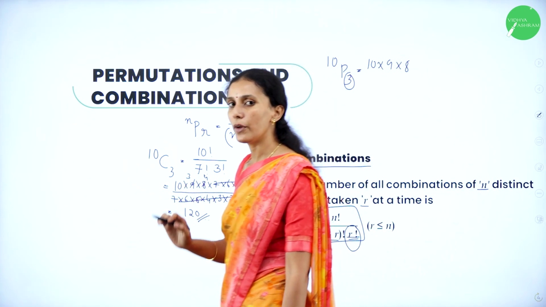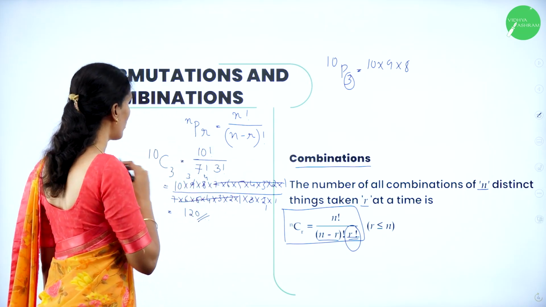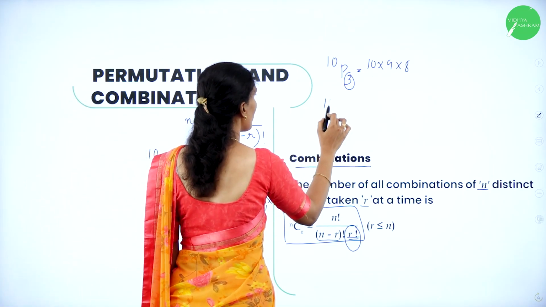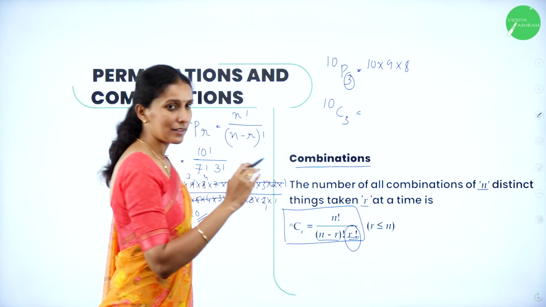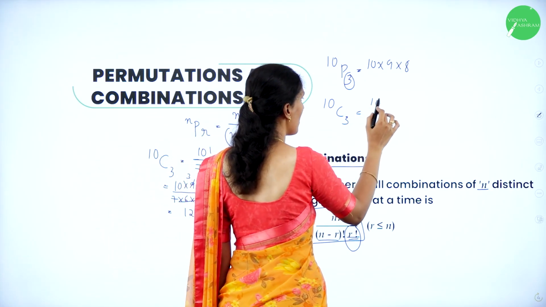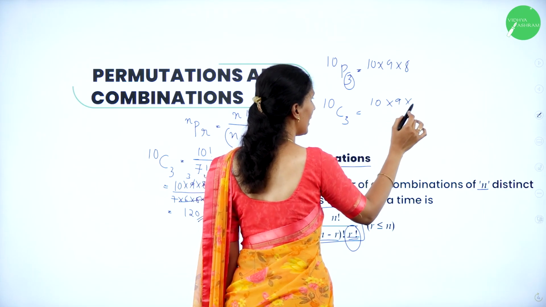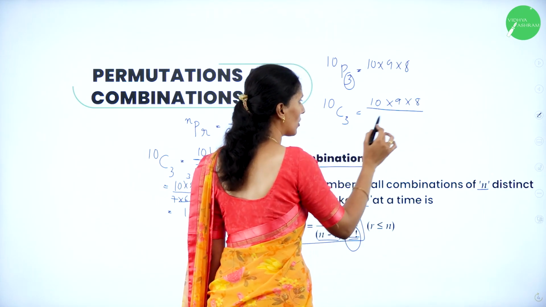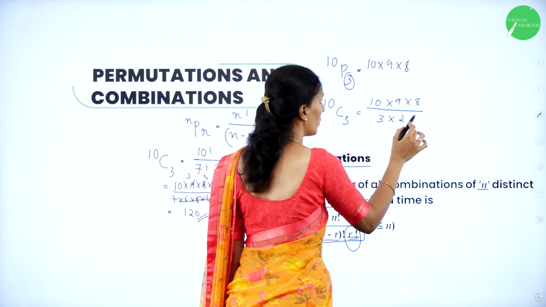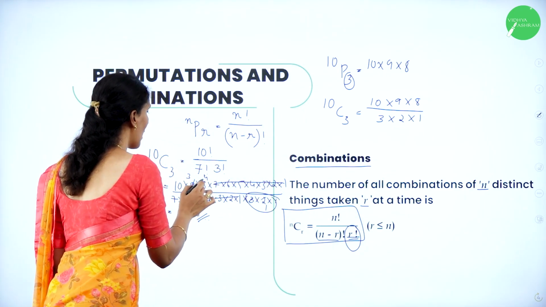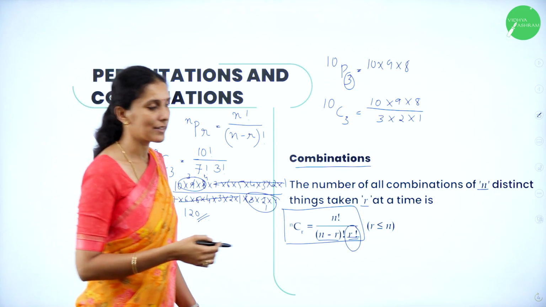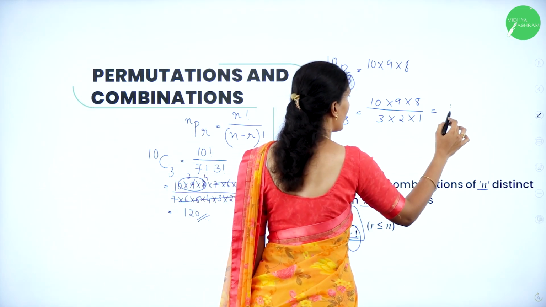In a similar way, I'll apply the same logic for 10C3. Suppose you have taken it as 10C3. Write the first 3 factors from 10, that is 10, 9, 8 and divide by 3 factorial, that is 3 into 2 into 1. See, this is one and the same. Lastly, we are left with this. Then we cancel again and we get 120.